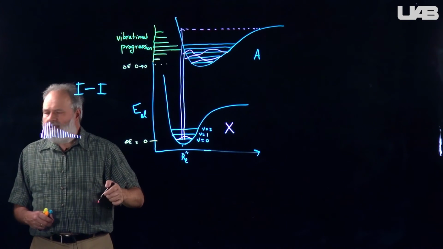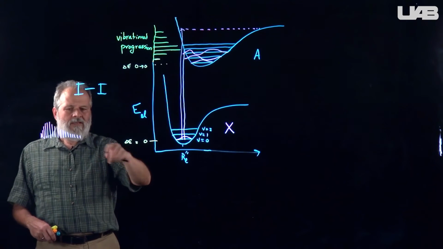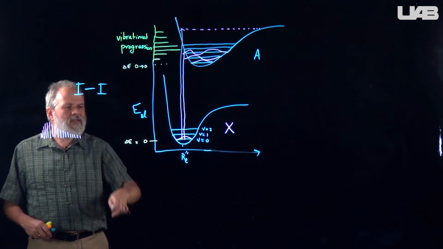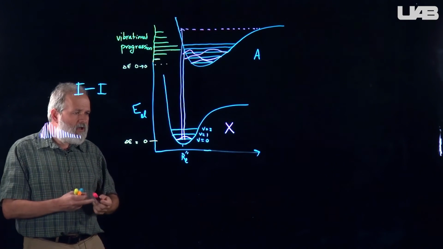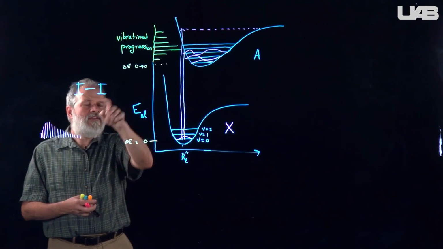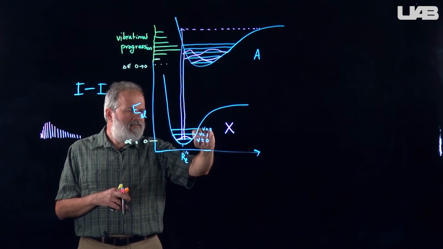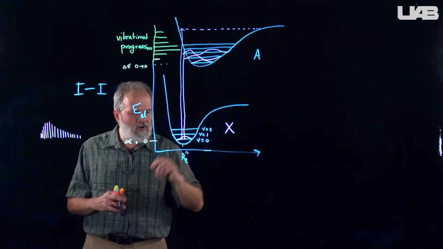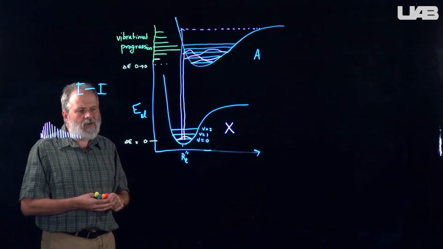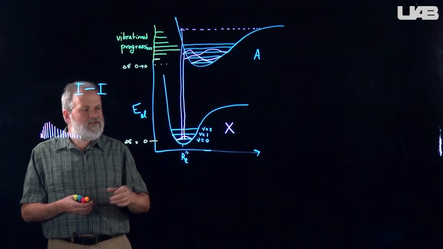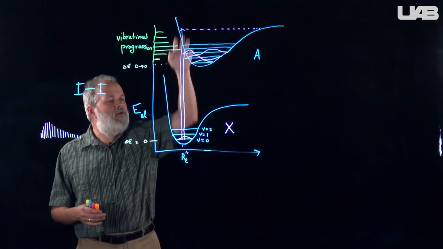As a matter of fact, seeing the 0,0 peak is probably almost impossible, because I2 has such a low ground state vibrational frequency that you can have some v equals 1 vibrations in some of the molecules. And so now you start to see excitations from v equals 1 on up.